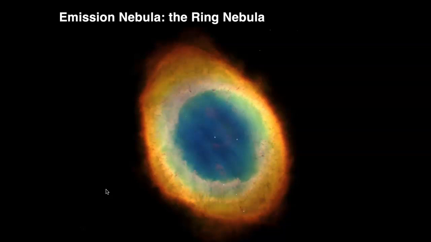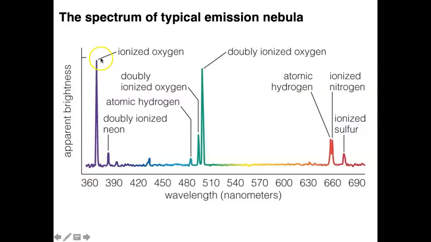When you have a hot cloud of gas, like an emission nebula, like the Ring Nebula here, an emission nebula will give you bright lines. You can look at those lines individually, scan across the whole spectrum, and ask what elements emit light at those wavelengths.